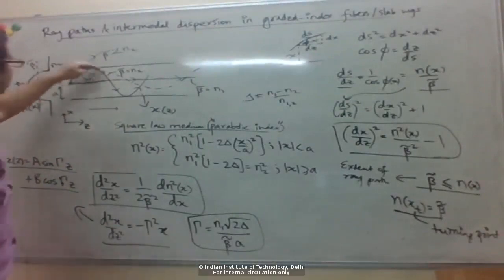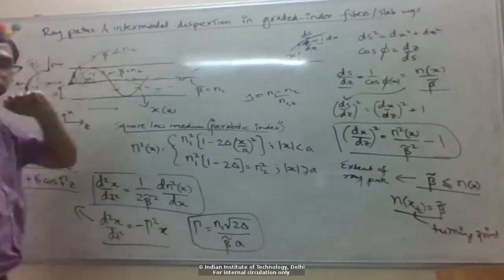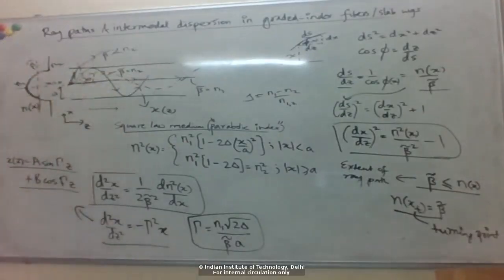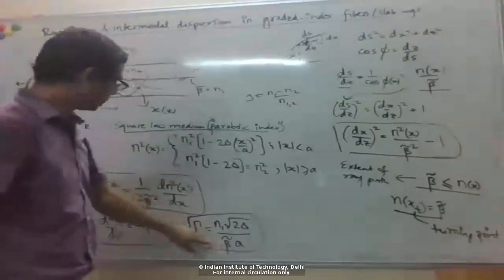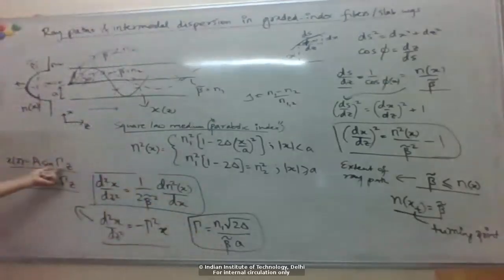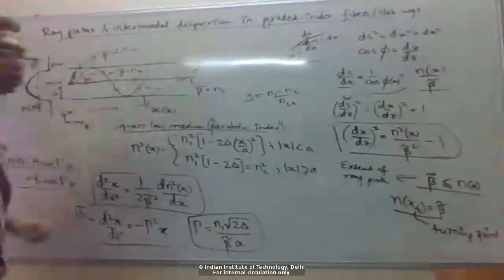Right? So which means this path here is actually a sinusoidal curve. Right? And if I change beta, which is basically changing the launch angle, then that is changing the period, right, of this sinusoid.